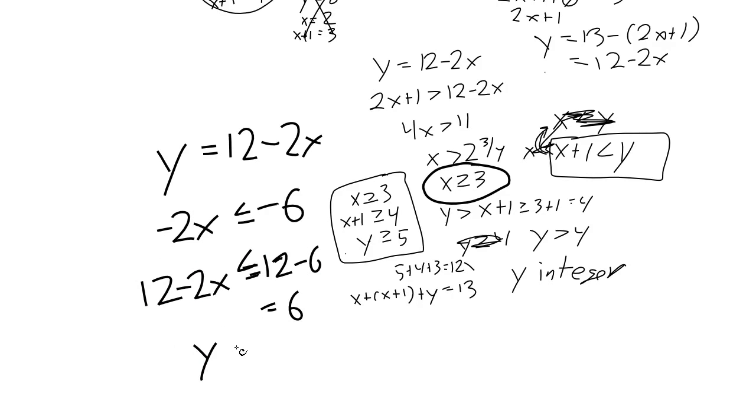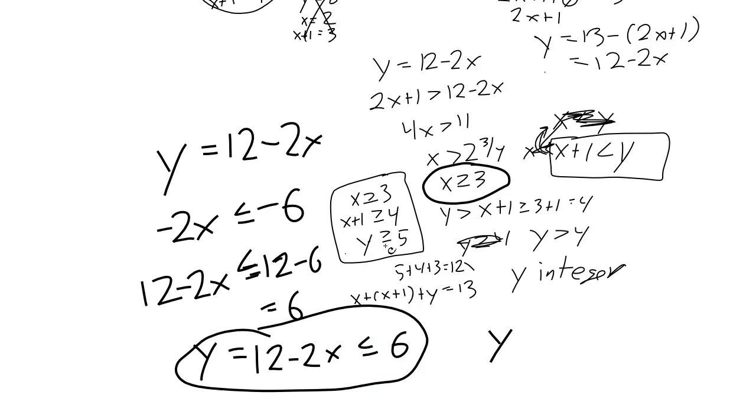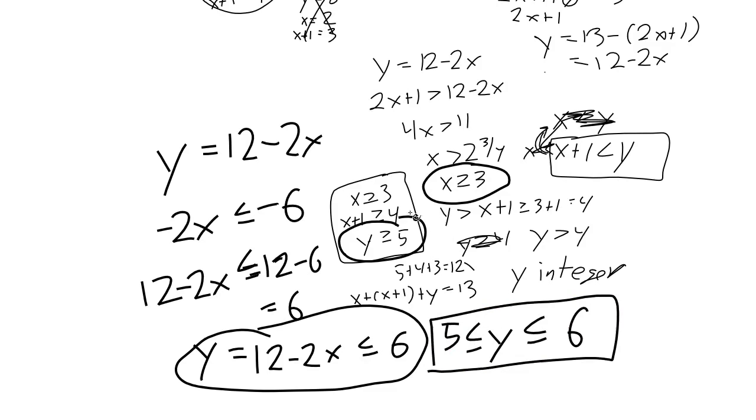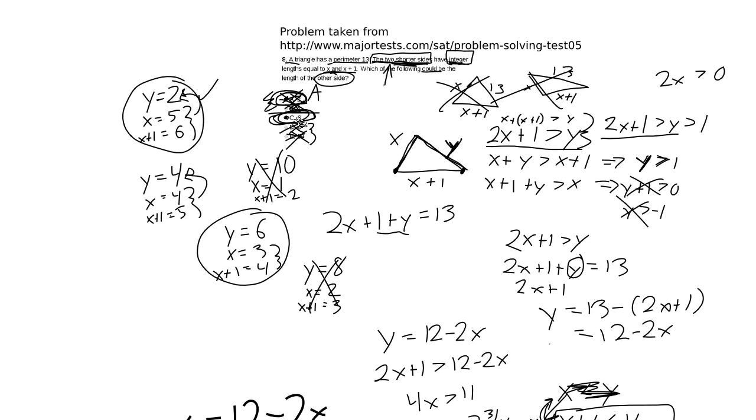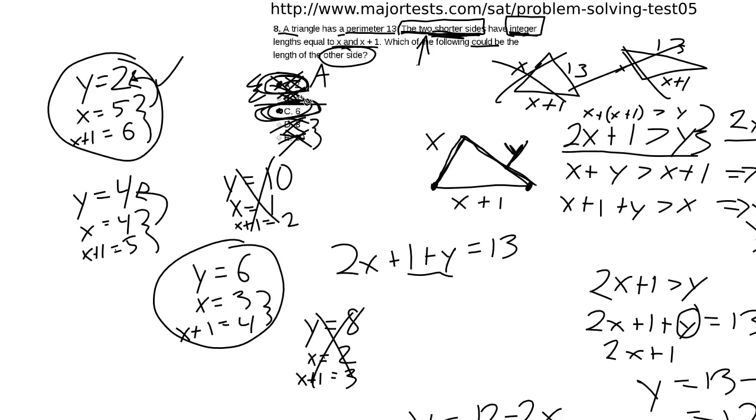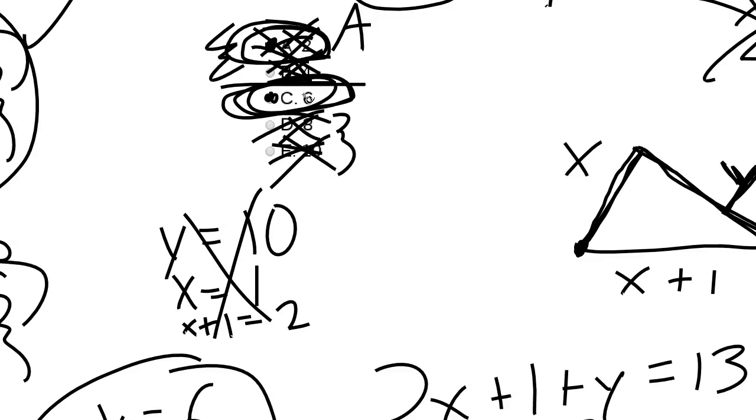So y equals 12 minus 2x is less than or equal to 6. Okay, I can combine this fact with this fact and say that y is between 5 and 6. That's narrowed things down enough to conclude that this would have been my only possible answer.